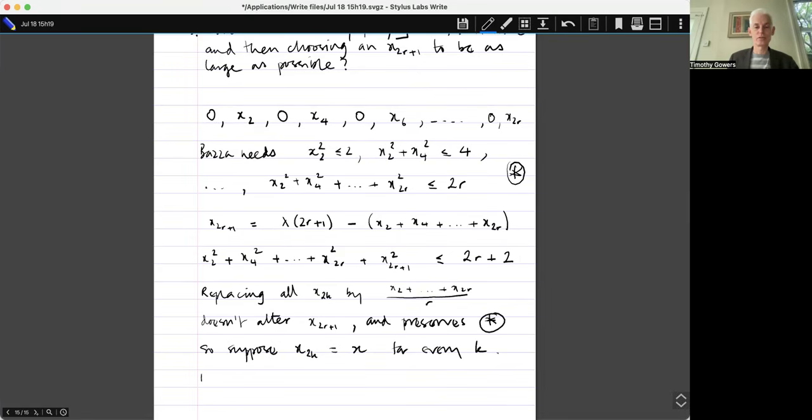They're going to simplify a lot. We'll need that x squared is less than or equal to 2, or x is less than or equal to root 2.